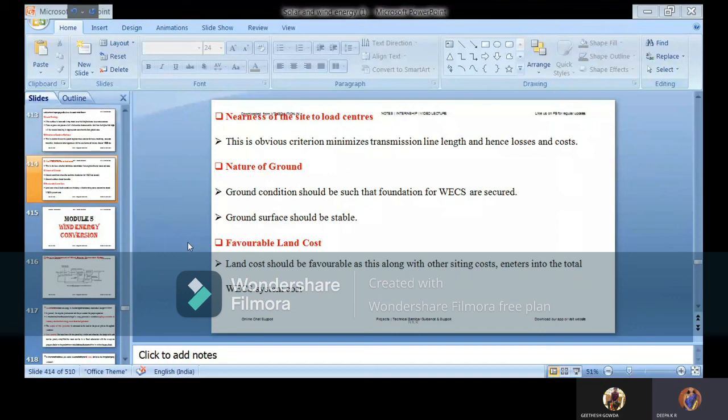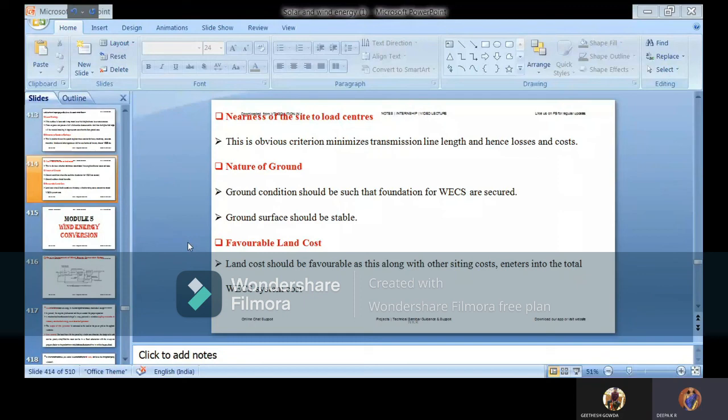Then favorable land cost. Okay, now coming to the last one. Cost, of course, it is the first point itself. You have to see that the cost should be good enough, meaning moderate, because you are investing more for your components also, and it will take much time to get that amount back. The generation is not so high, so your land cost should be favorable.